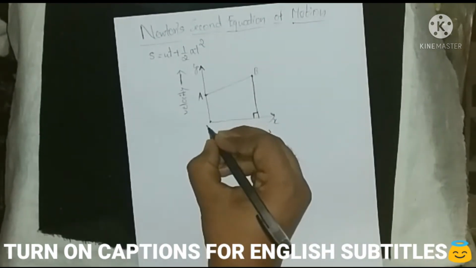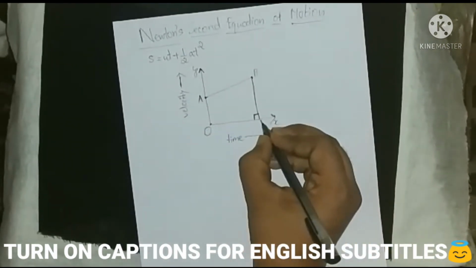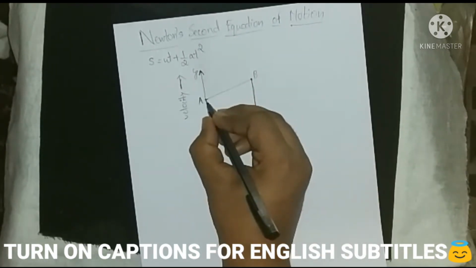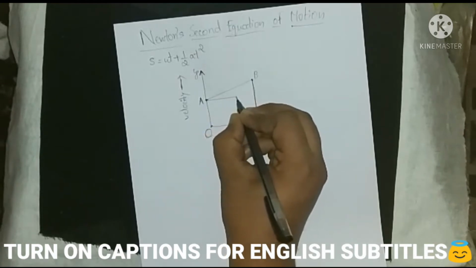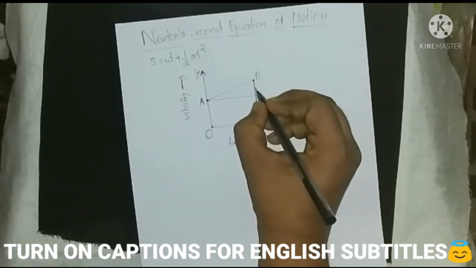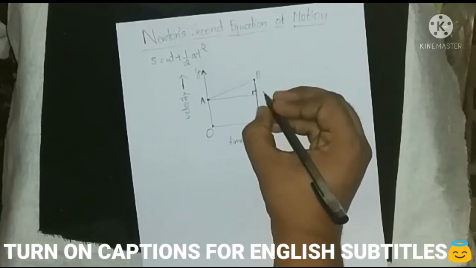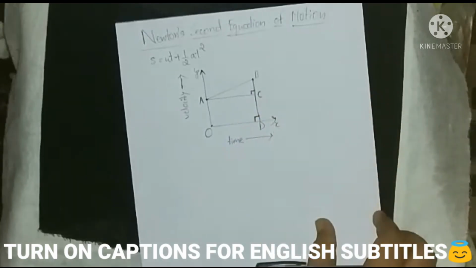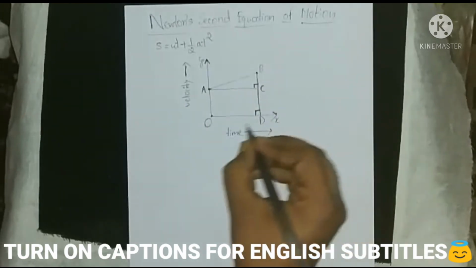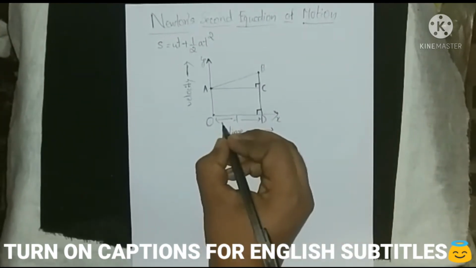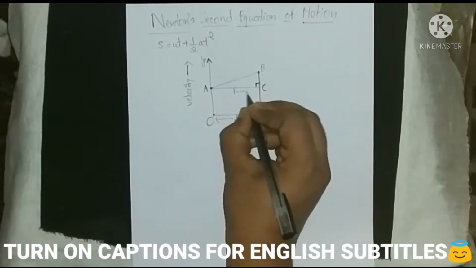Take it as origin, and this is D. Just join a line from A to this point so that the angle becomes perpendicular, and that we denote as C. The x-axis is time, so t is equal to time.